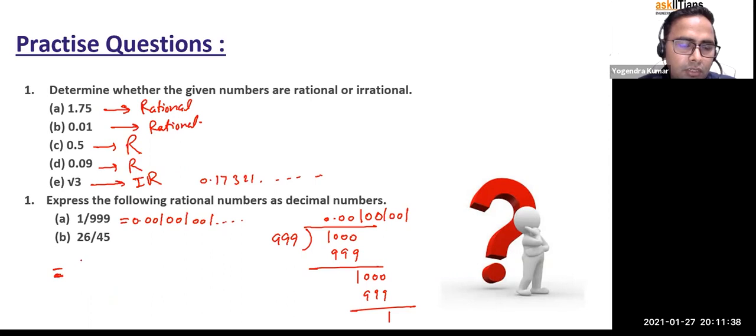Can we do it without long division? No. Why? Because 45 is 3 into 3 into 5. So 5 is there, it is a good thing, right? Basically what we can do, we can simplify by multiplying 2 up and down, but we cannot reduce it much. We cannot avoid long division here.